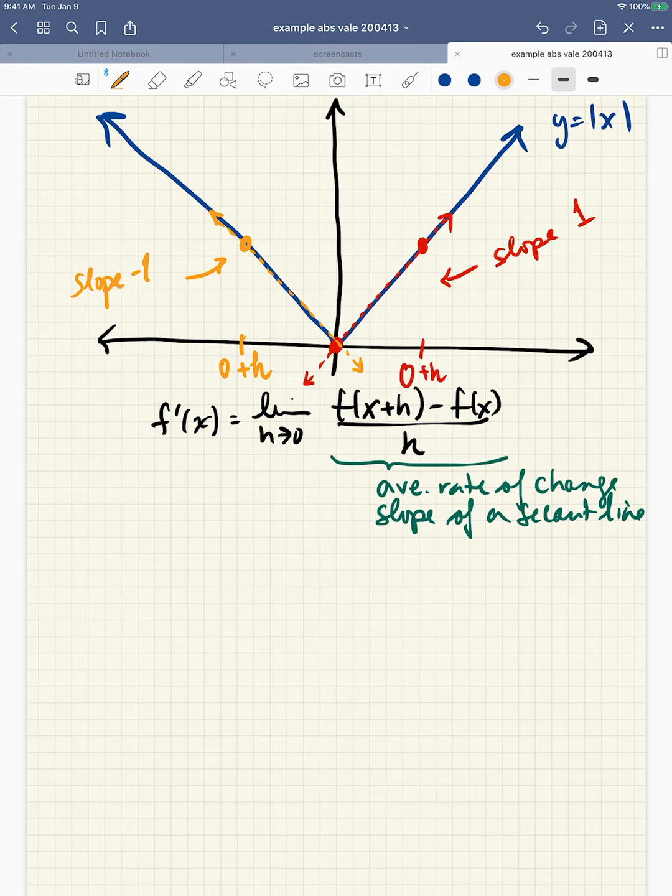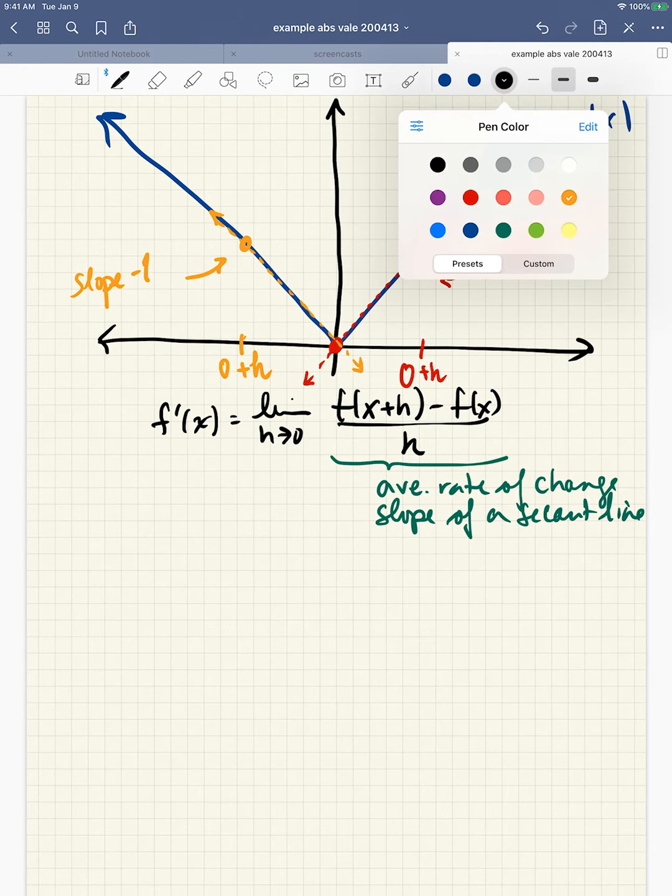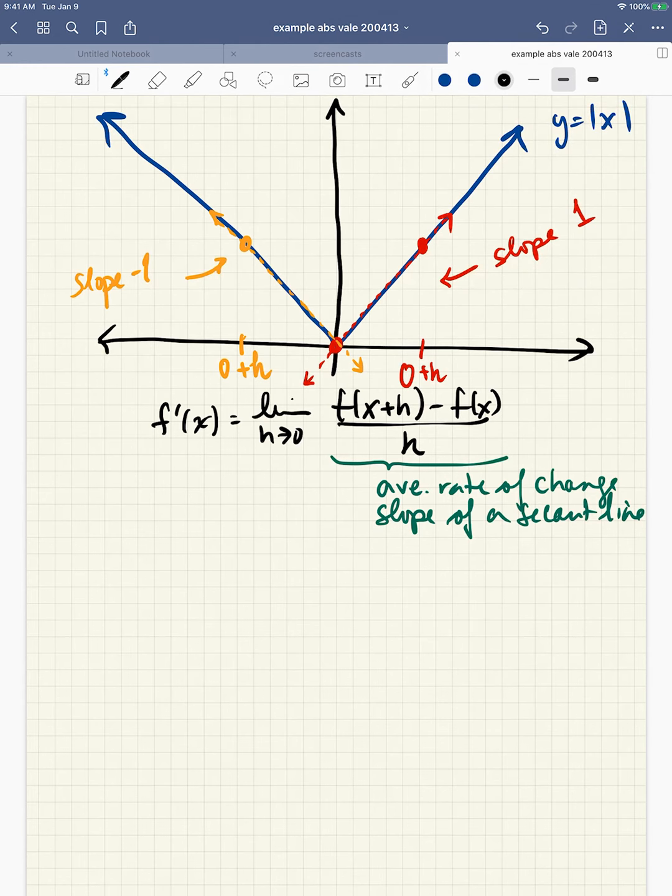A third way to look at this, and this is the way I want you to think about it going forward. There's a couple different ways that a derivative can fail to exist, but this is a really important geometric one.